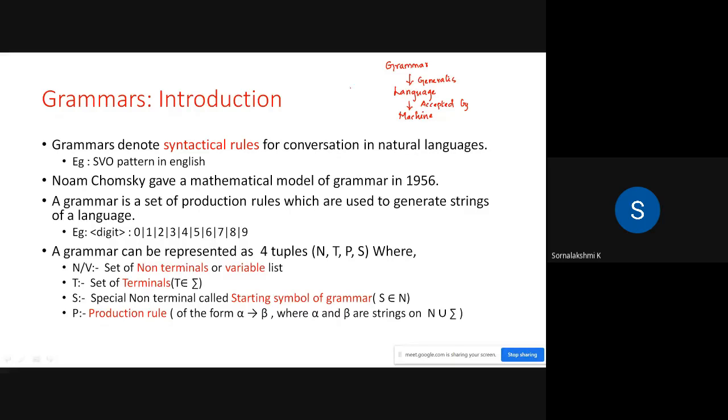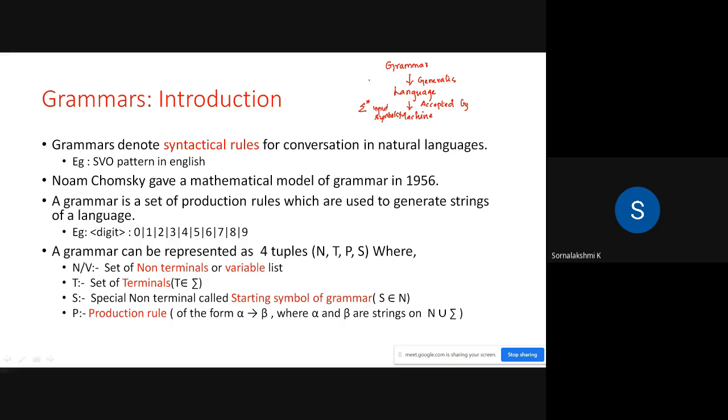The set of symbols for the machine, since the language is an input, you call sigma or sigma asterisk, the input symbols. This was input symbols for a machine because you give it as input. Whereas grammar uses the symbols and generates strings.